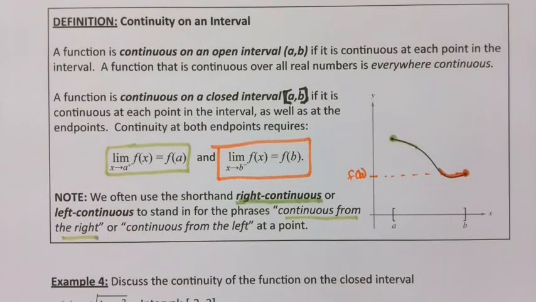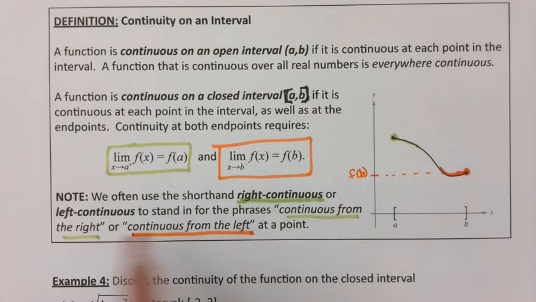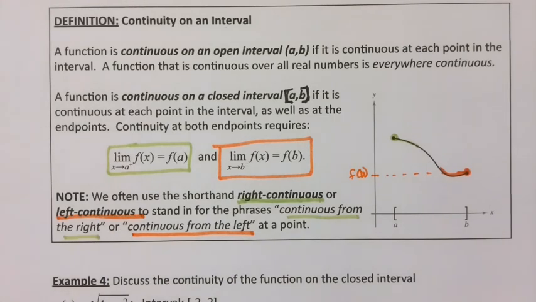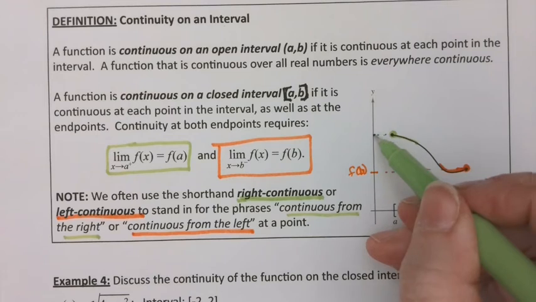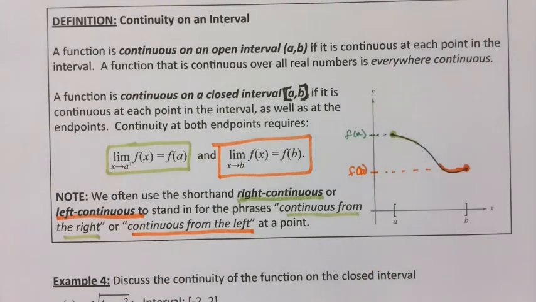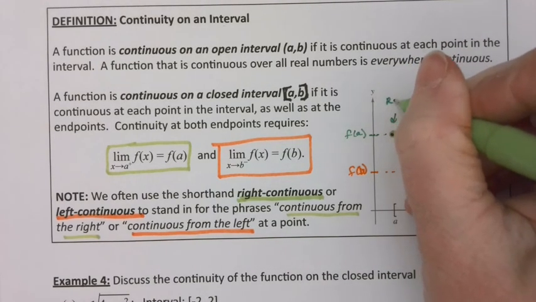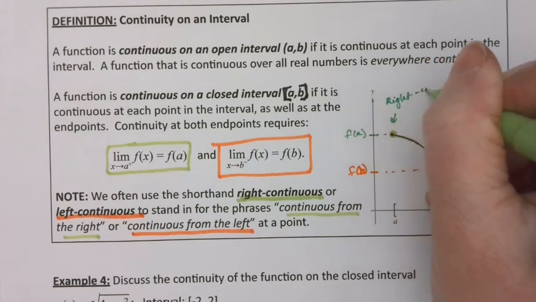And then to be left continuous means you're continuous from the left, right? So I can come into that function value from the left, right? And this value right here is f of a. So even though this is on the left side, this is right continuous, correct? Right continuous.